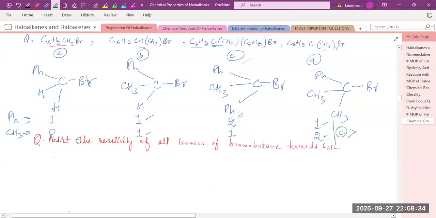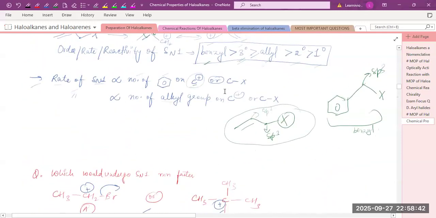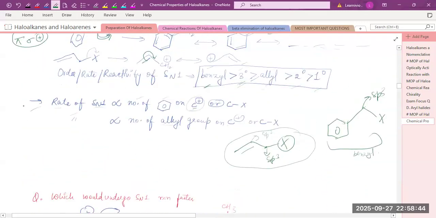One more point: the more alkyl groups on the carbocation, the more the reactivity. Check this point. The rate of SN1 reaction is directly proportional to the number of alkyl groups on the carbocation.